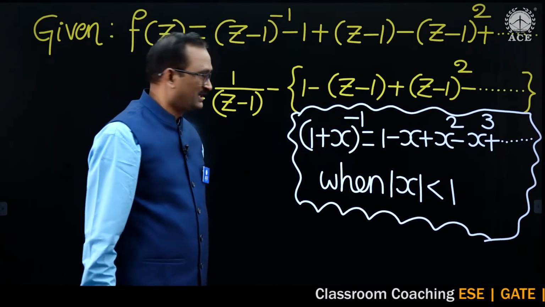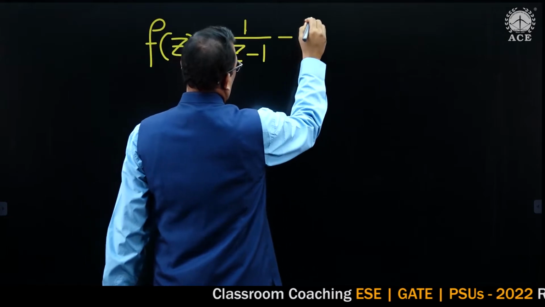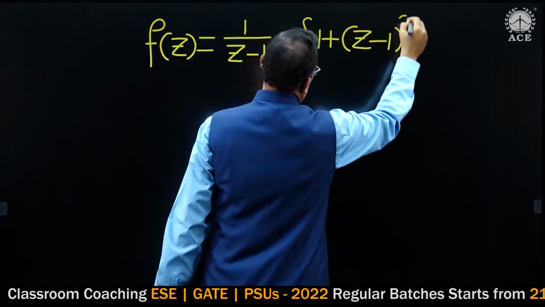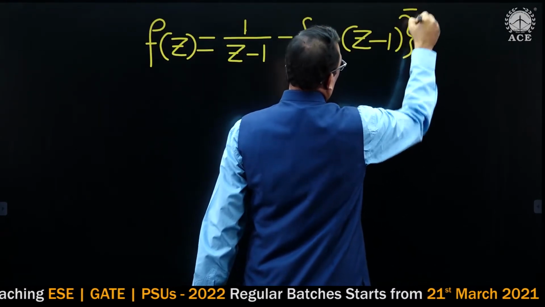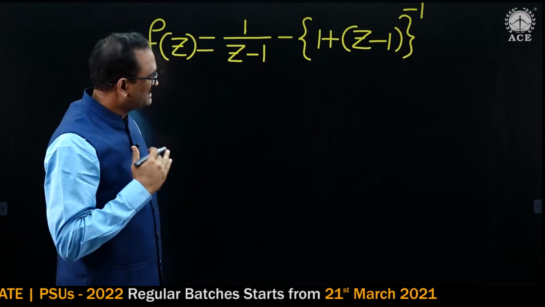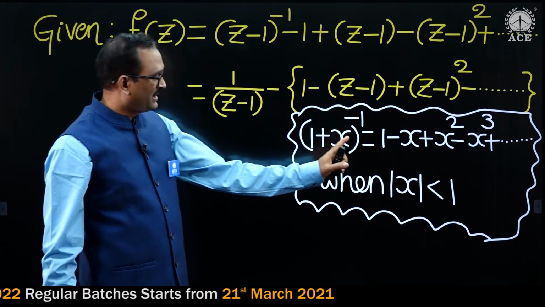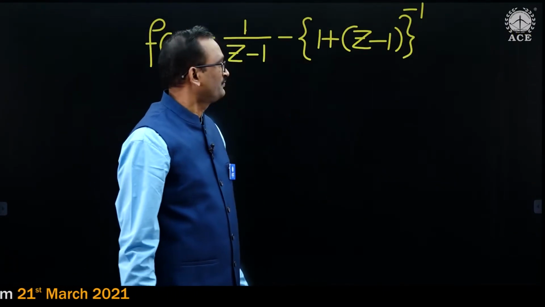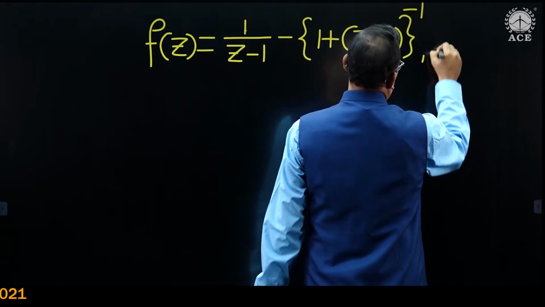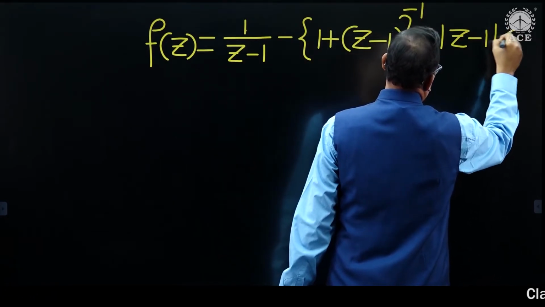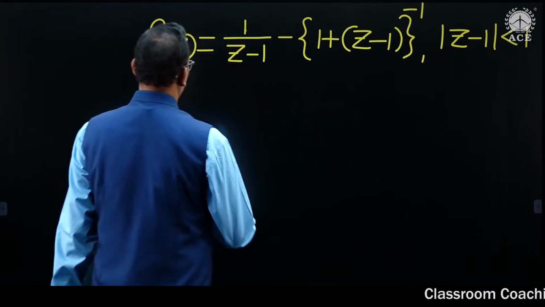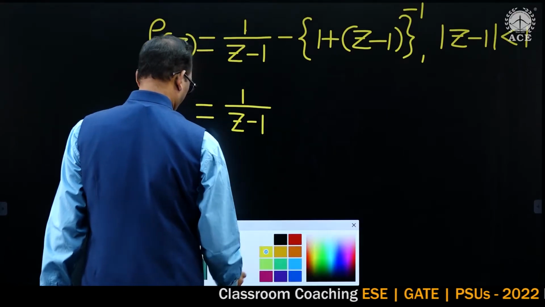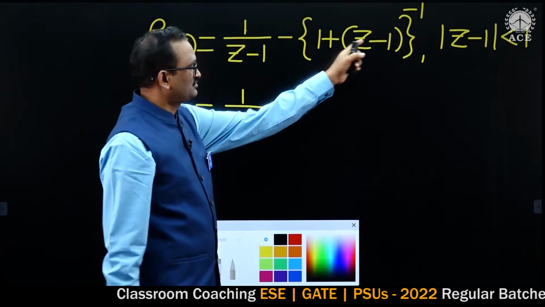X means z minus 1, 1 plus x whole power minus 1, but this is valid in the region mod x less than 1. X means z minus 1. So this is equal to 1 by z minus 1. Here plus 1 minus 1 cancel.